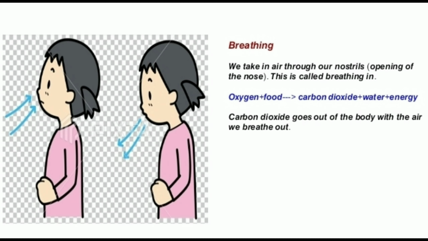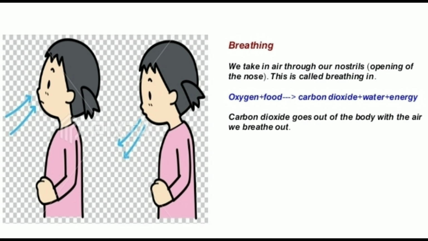We use oxygen, which is a gas in air, to get energy from food. Inside the body, oxygen and food combine. They get together to produce carbon dioxide, water, and energy. Carbon dioxide goes out of the body with the air we breathe out.